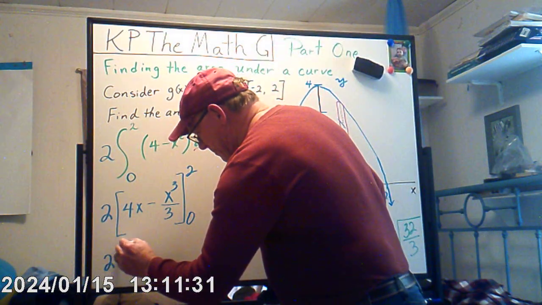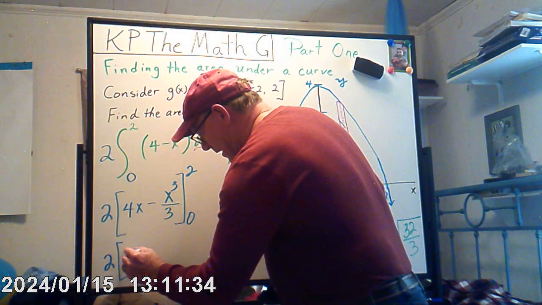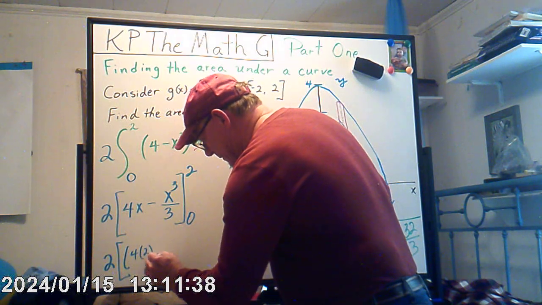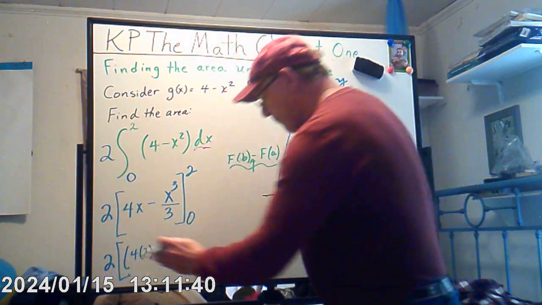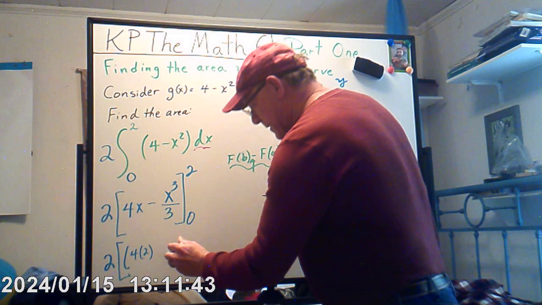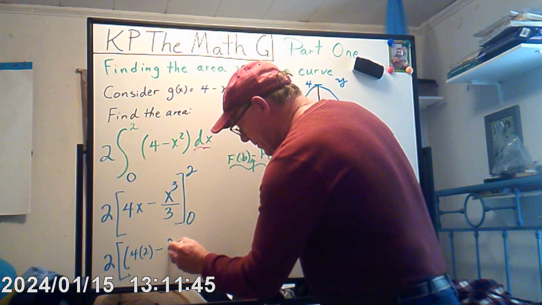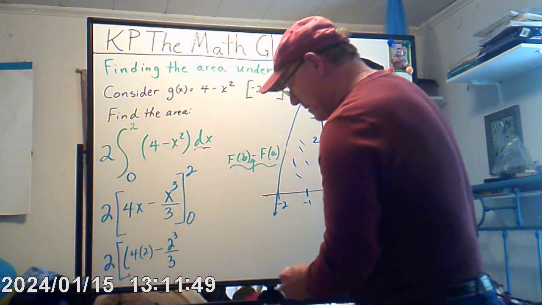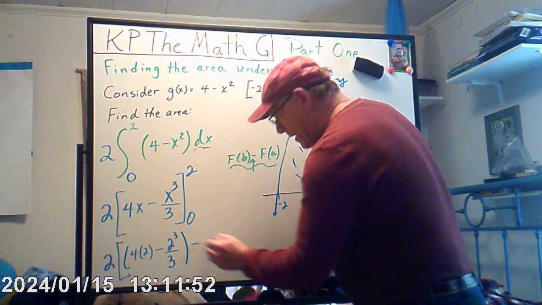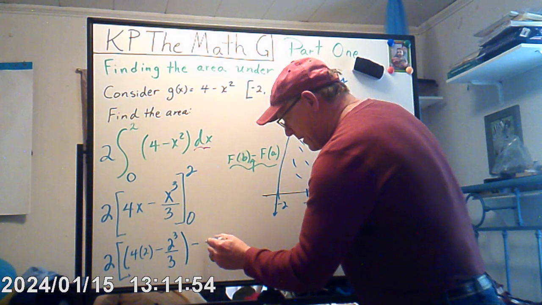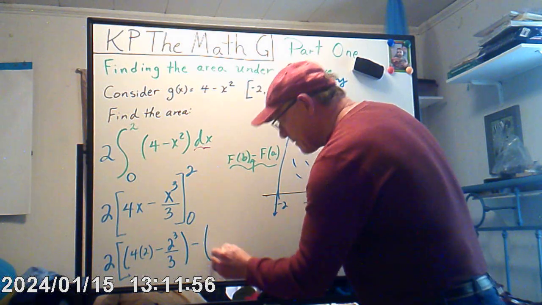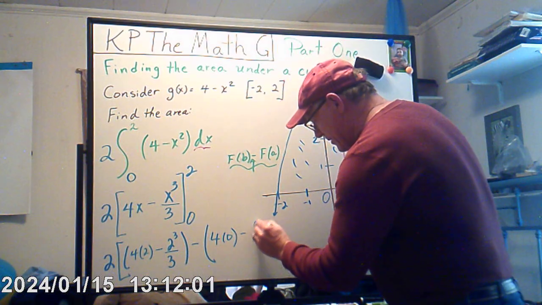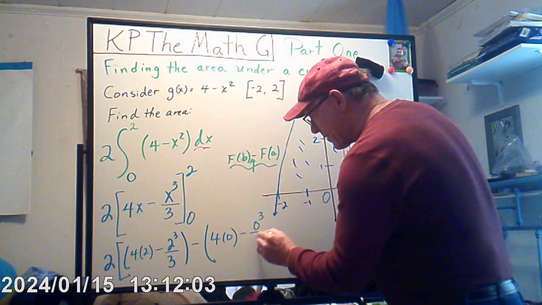2 times 4 times 2 minus 2 cubed over 3, minus, now I'm going to show you, it's still going to be 4 times 0 minus 0 cubed over 3.